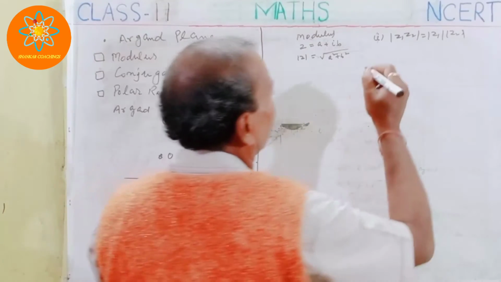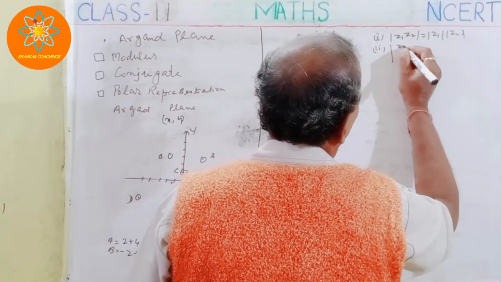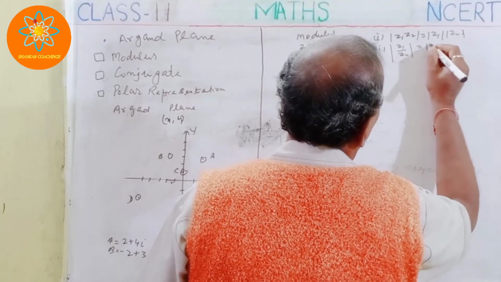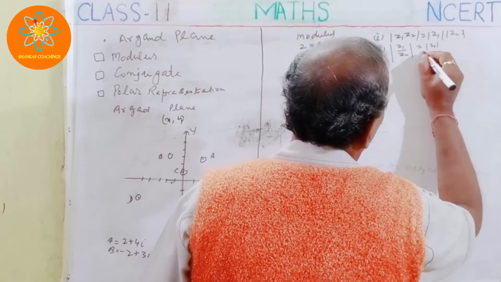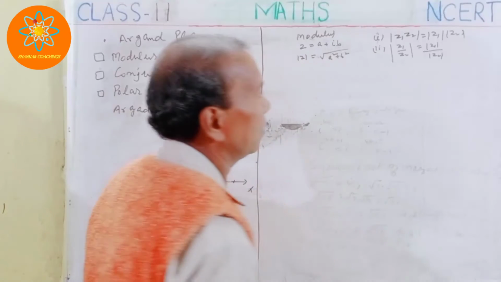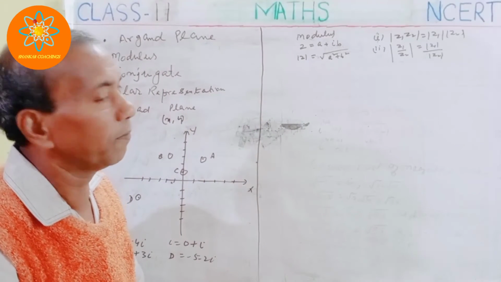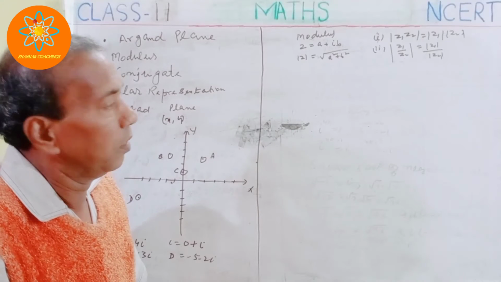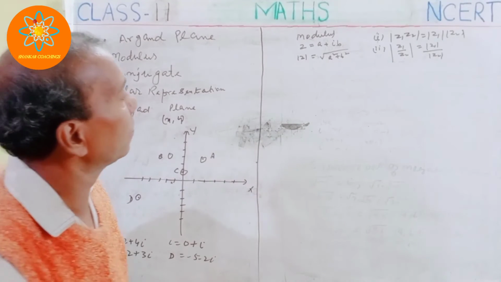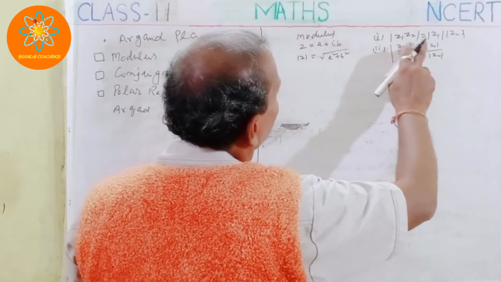Similarly, the modulus of z1 by z2 is equal to the modulus of z1 divided by the modulus of z2. So this is the formula in the case of the modulus.